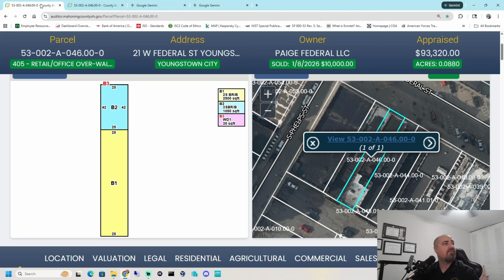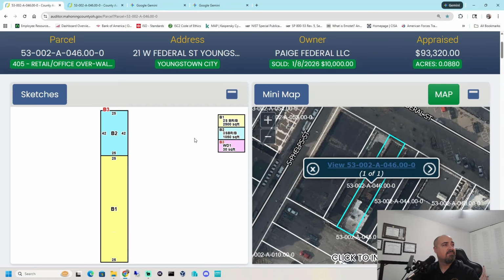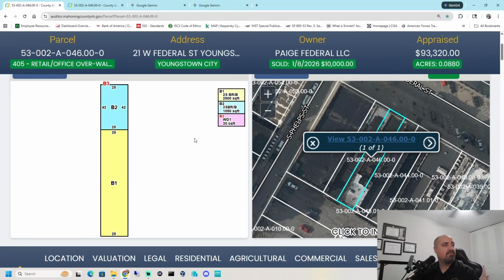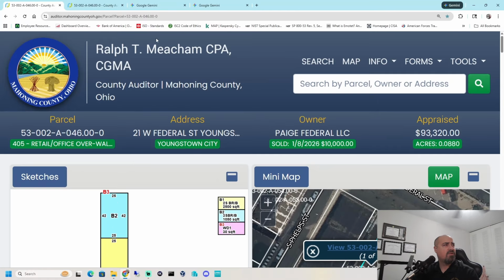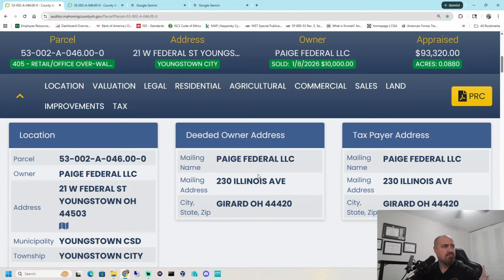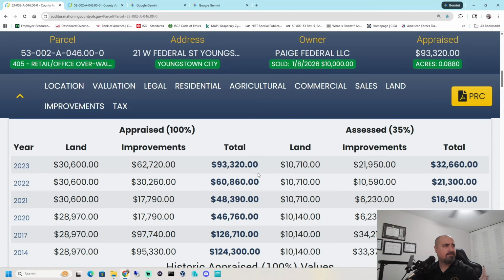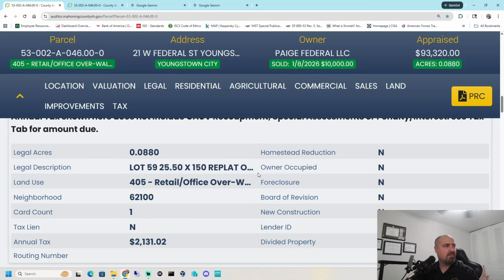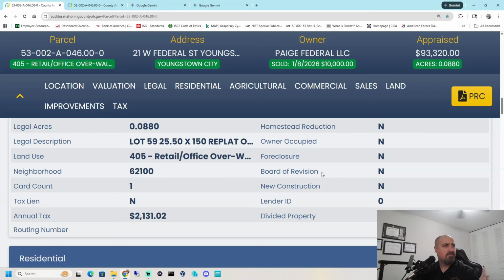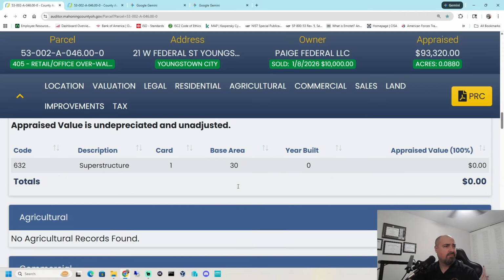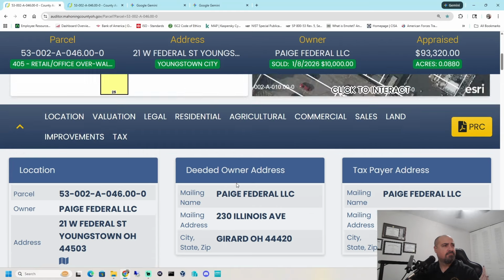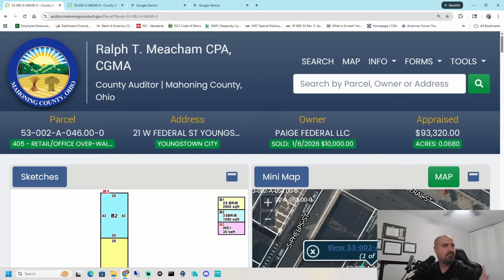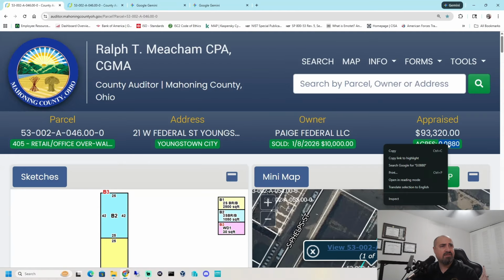Now, how many square feet is this? It says it's 0.00880 acres.